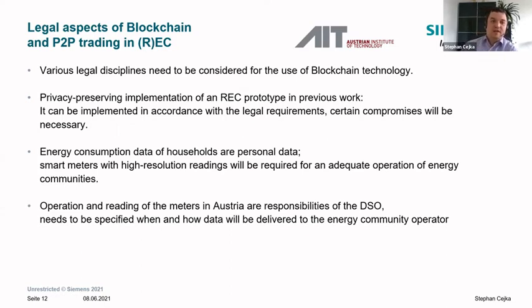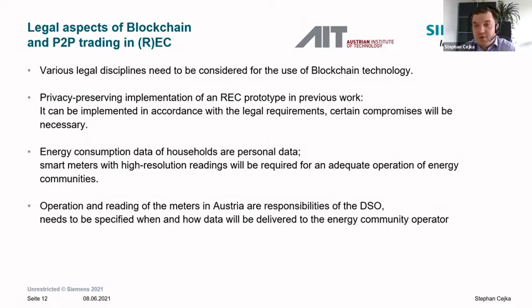By using smart meters, which are increasingly rolled out in various countries, also in Austria. Austria requires to equip at least 95% of all metering points until the end of 2022. I don't think that this will happen until then, because at the moment we are just at 30%.